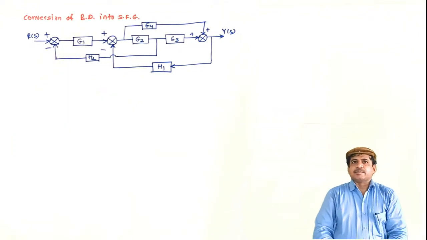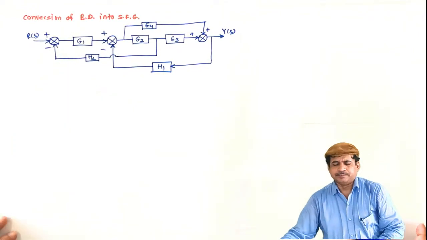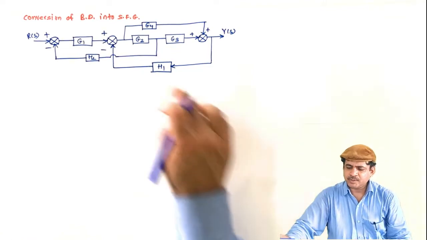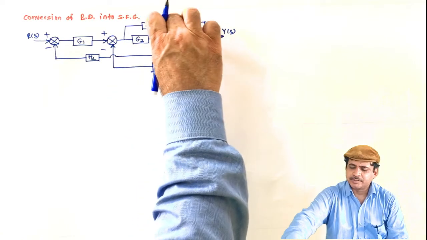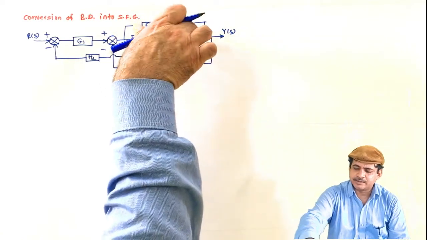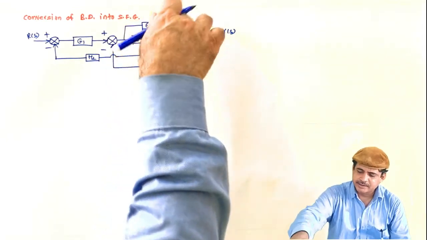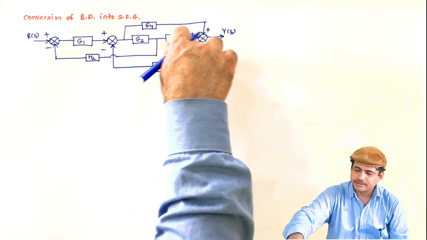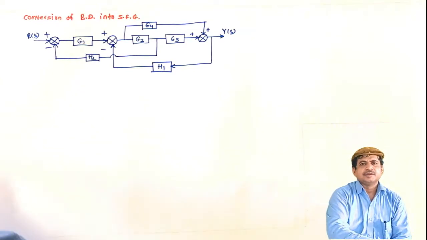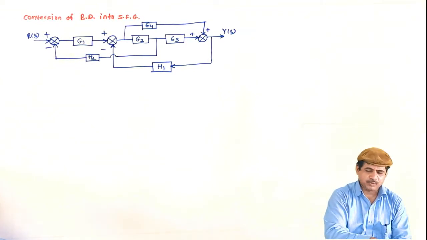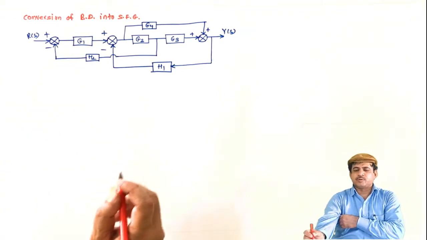So this is a block diagram, and it looks complicated to solve. First we have to shift it here, then do this parallel, then this cannot be in series, then we have to shift this one here and then solve. So it takes time.